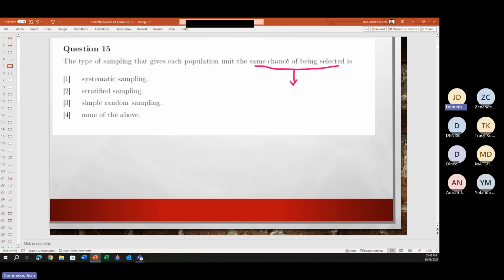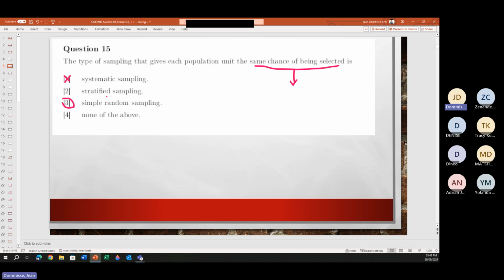If everybody needs to have the same chance, I would say probably simple random sampling. Let's look at the other option, systematic. I don't pick the second person on the screen and then the fourth person after that and the fourth person after that. That's not happening, so it's definitely not systematic.